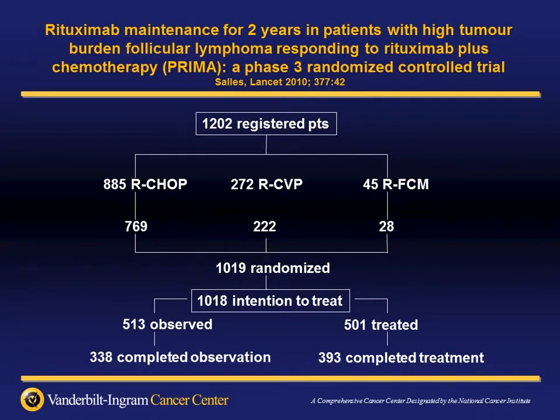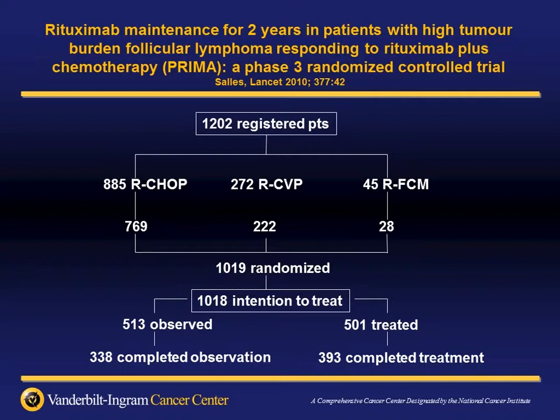And one other study looked at rituximab maintenance for 2 years in patients who had received chemotherapy. The chemotherapy was selected by the physician, and at the time, R-CHOP was the most commonly used, 885 versus R-CVP at 272, and only 45 received the fludarabine, cyclophosphamide, mitoxantrone arm.